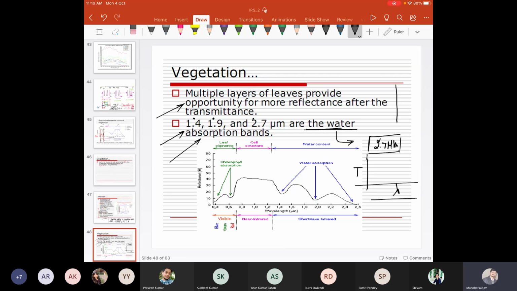Let's say in the rainy season there is water logging and you are doing remote sensing at 2.7 micrometer using some sensor. What will happen? You will not get the reflectance.